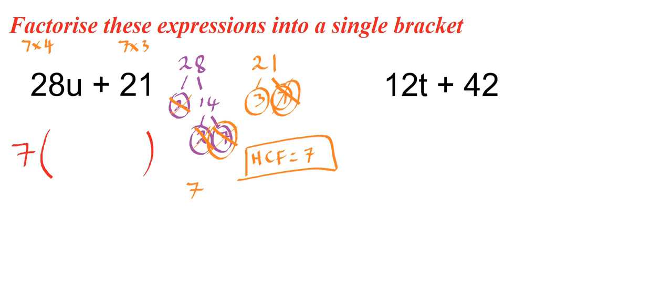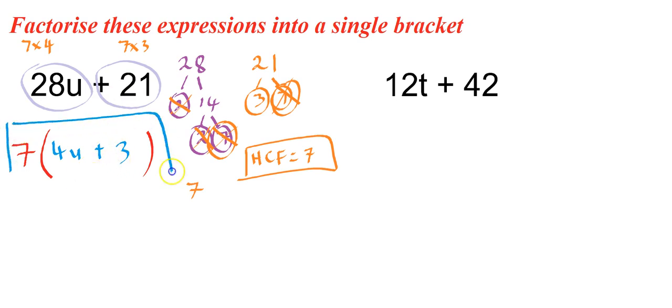Okay, first thing, you should identify the terms, plus 21 and 28. Now we say to ourselves, okay, 7 into 28. What is that? It's 4. So 4u. And this one here, 7 into 21, plus 21, that is plus 3. Positive 3. And there we go.